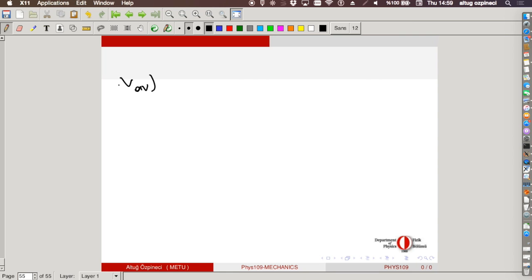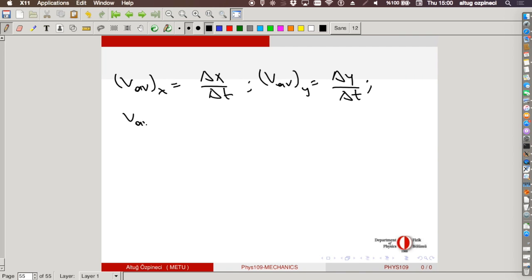The x component will be delta x over delta t, y component delta y over delta t, and the z component is delta z by delta t. And this is the average velocity.